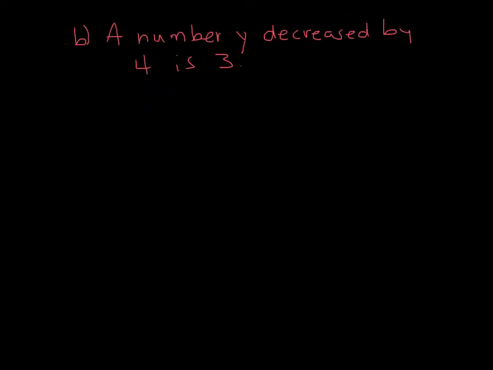Part B says a number y decreased by 4 is 3. Which one do I put first? Because remember, with subtraction, you have to be very careful. Think about it. A number y, all right, so there's my first number I'm dealing with, decreased by 4 is 3.